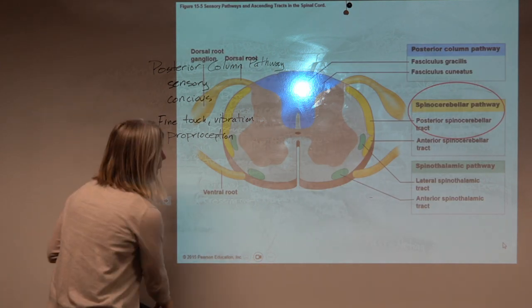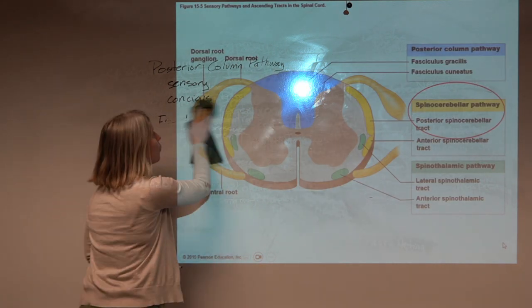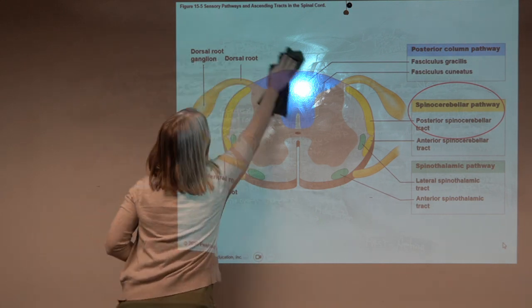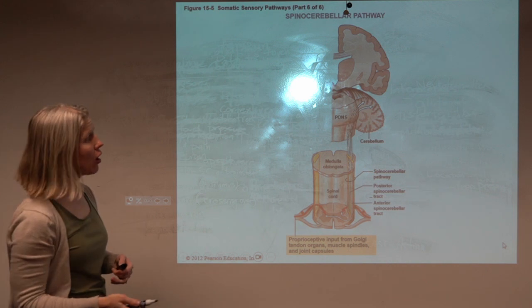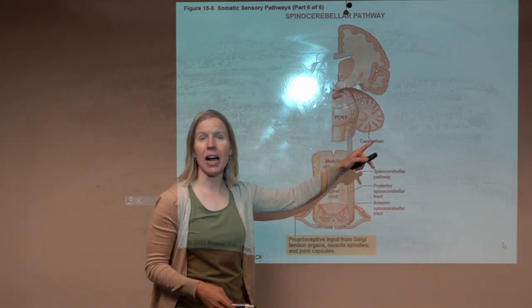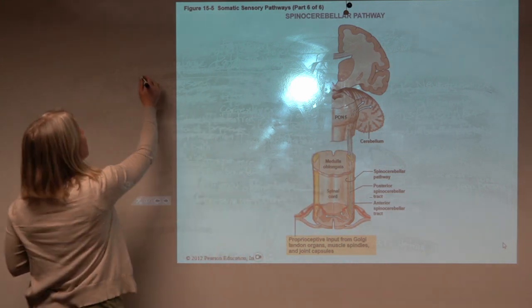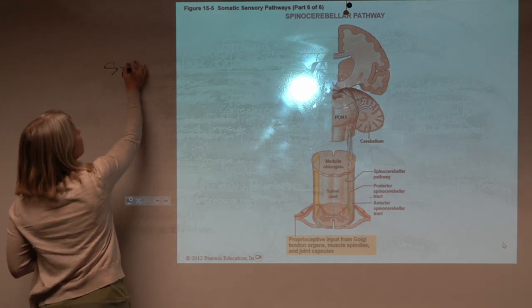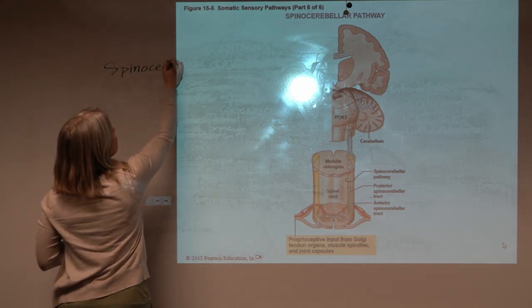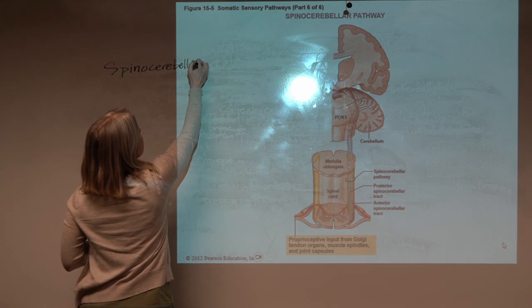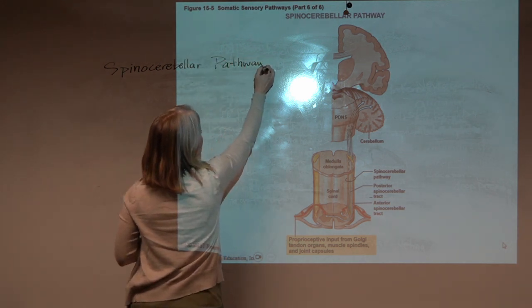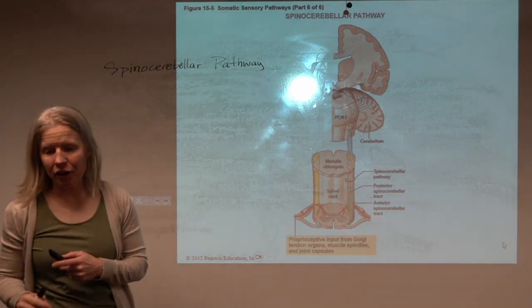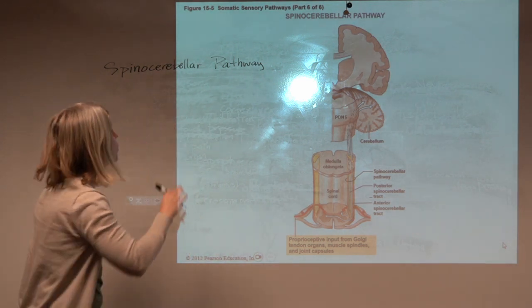And finally, spinocerebellar. Now this one again is telling you it's carrying things up to the cerebellum, but if you recall, the cerebellum is not part of our conscious thought. So the spinocerebellar is carrying sensory information to the cerebellum.